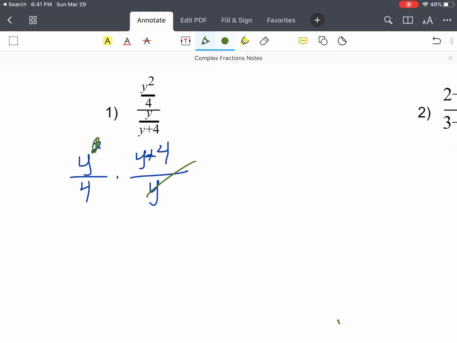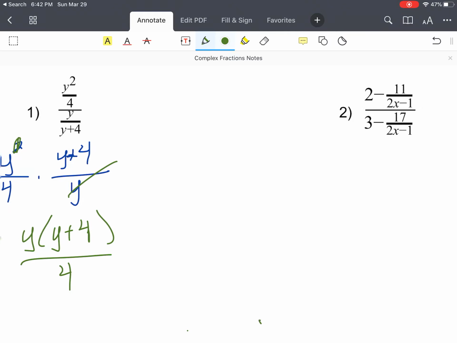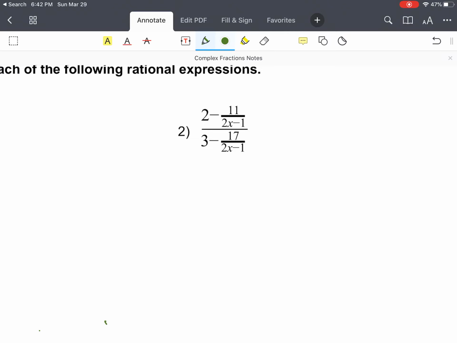Now, I cannot touch the 4's and I cannot touch the other y's because of that plus sign. So the best I got is that this is y times y plus 4, all over 4. Whoever thought it was a good idea to put y's and 4's in the same problem, not very smart, but it is what it is. So that's as good as our answer gets. It's not nice and neat, but it's an answer.